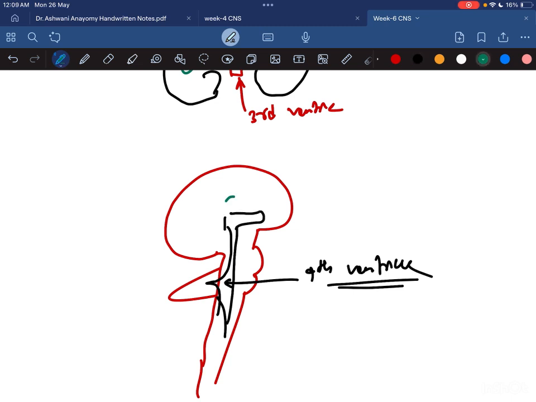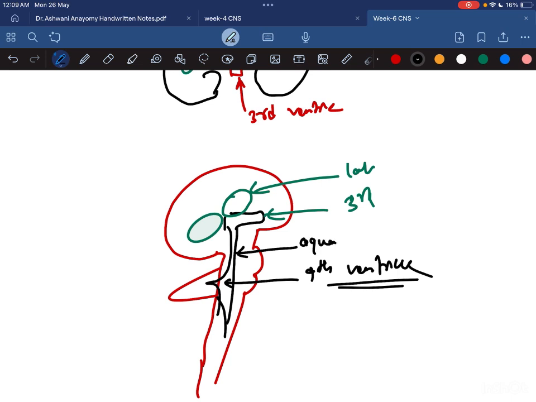Near this, in both hemispheres, there are the lateral ventricles. This is the third ventricle, and this is the fourth ventricle. Between the third and fourth ventricle there is the aqueduct. We will discuss this further in detail. This is a rough diagram of where they are located.